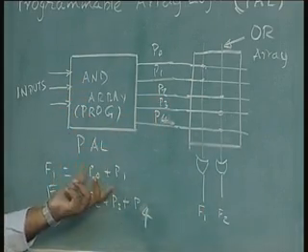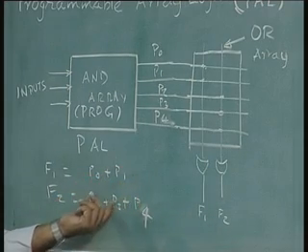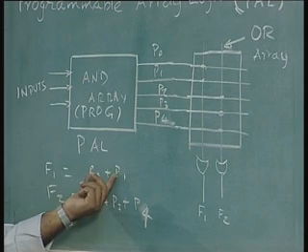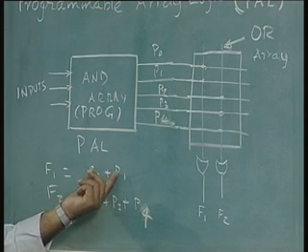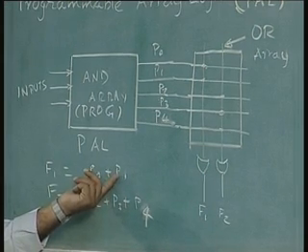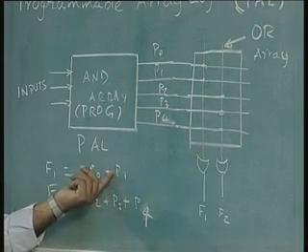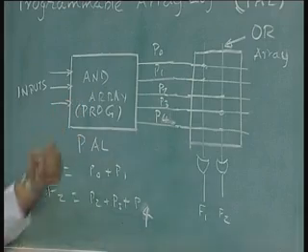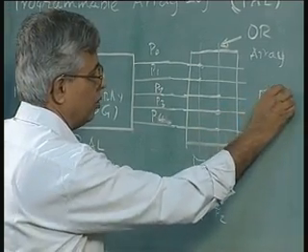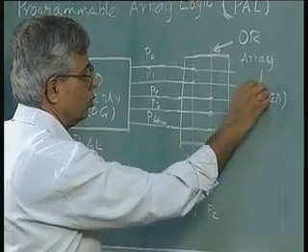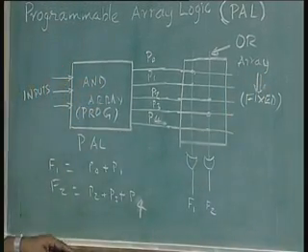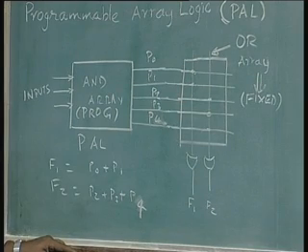That means I am restricted in what type of functions I can implement. F1 can only have 2 product terms, it is a sum of product expression, 2 product terms allowed. In F2 a maximum of 3 product terms is allowed, and these product terms themselves can be varied because I can program them like in the AND array. So, this OR array is a fixed array, not a programmable array.